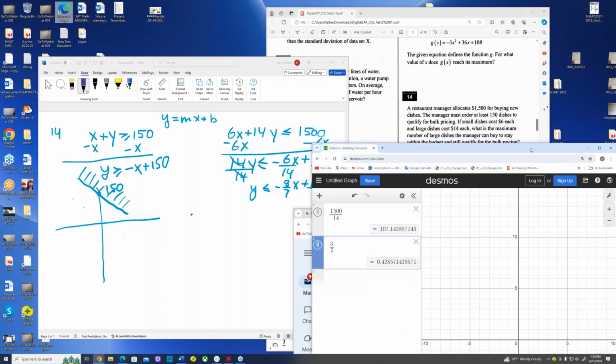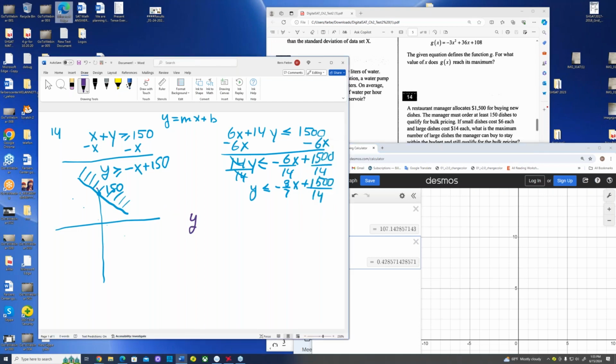And this would be y less or equal to negative 0.43x plus 107. This is my 107.